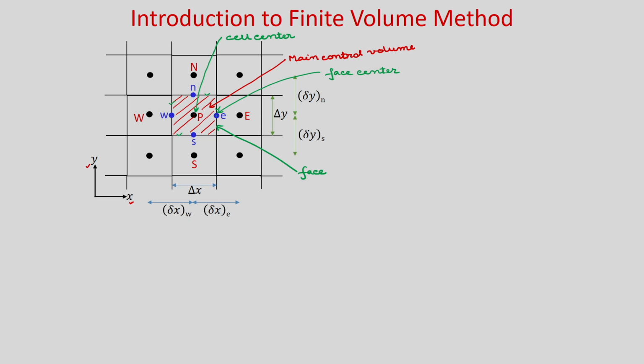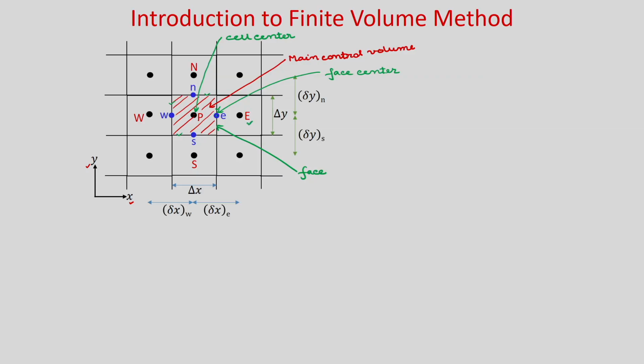So, we can see that in 2D if we consider quadrilateral grid, then in the main control volume we have 4 faces and in each face we have the face center. So, we have 4 face centers and we also have 4 neighbors. The main control volume cell center is P and its neighbors are denoted as capital E, which is in the right direction, capital N in the north side, capital W which is your west side and capital S which is your south side.